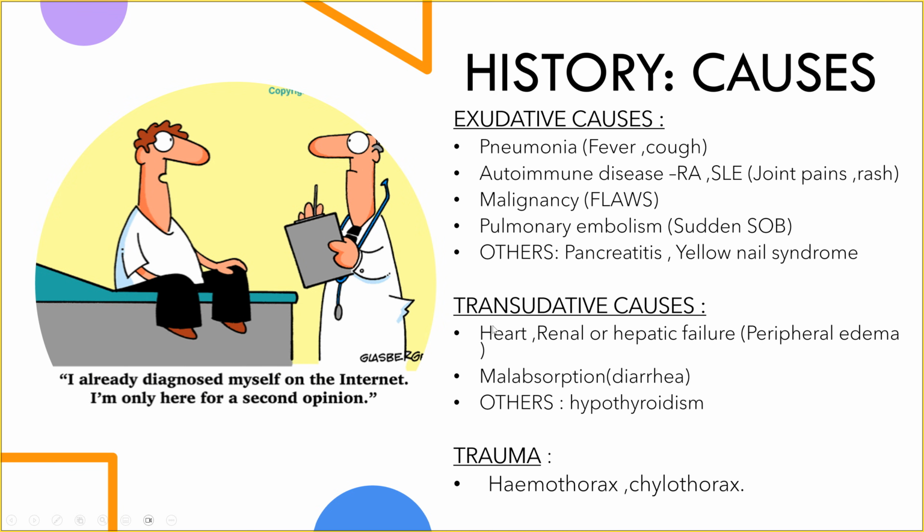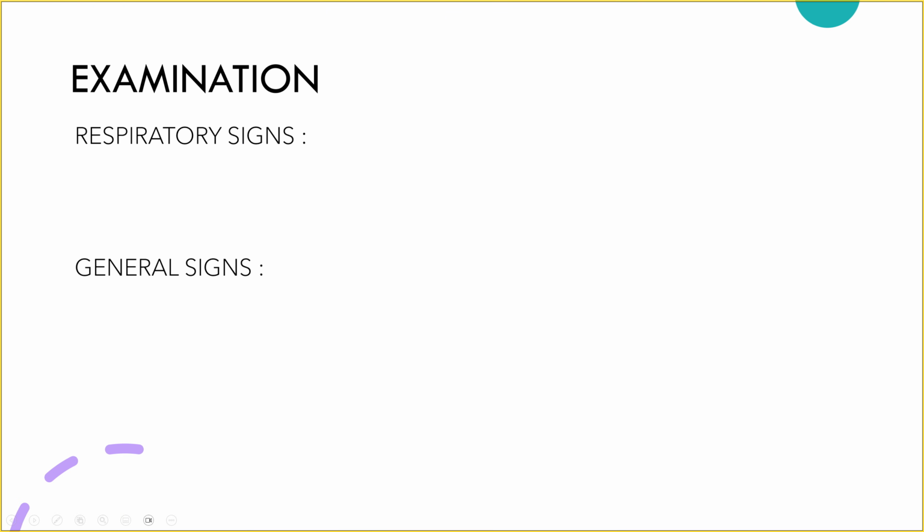So, any suggestions on what we are looking for in examination in terms of respiratory signs and general signs? Reduced respiratory sounds, tap, X-ray. Yes, so we are looking in terms of respiratory signs.